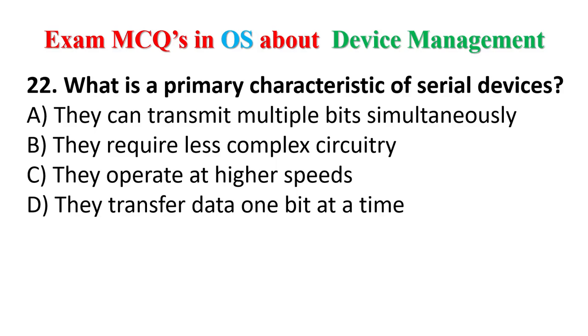D. They transfer data one bit at a time. The primary characteristic of a serial device is that it transfers data one bit at a time. They do have less complex circuitry compared to parallel devices, but D is the correct answer.